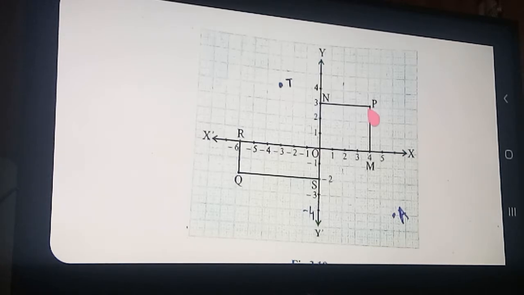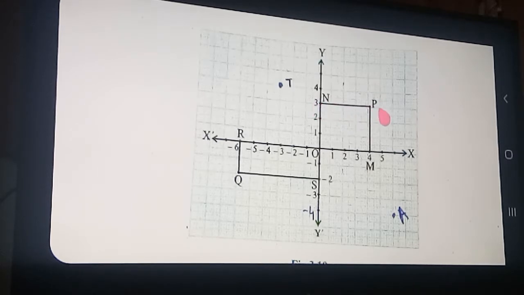How will we write it? I told you yesterday, first the x coordinate, then the y coordinate. The foot of the perpendicular on the x-axis meets at the point 4, therefore the x coordinate is 4. The foot of the perpendicular on the y-axis meets at 3, therefore the y coordinate is 3.